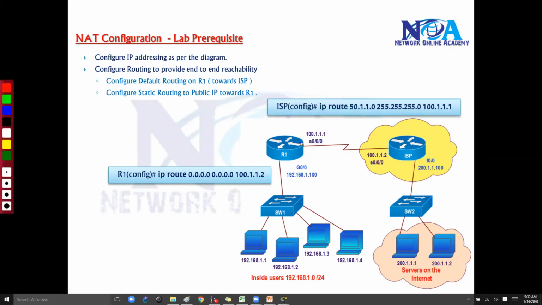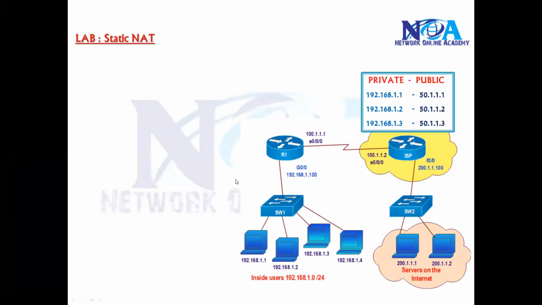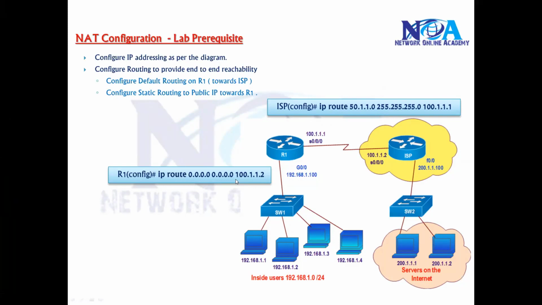In my example, I'm using a 50 network. Assume this is the network which is allocated by the service provider, so I'll be using this public IP. That's how the setup is going to be. This is your prerequisite for all the types of NATs.